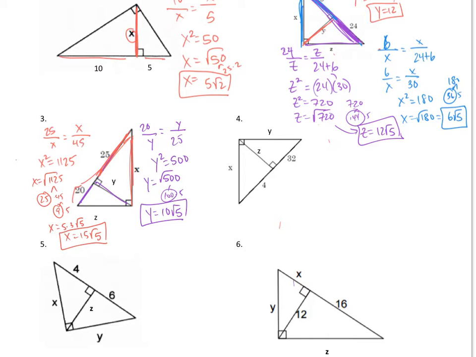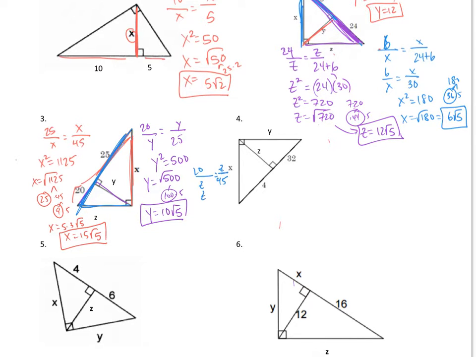Okay, let's do the z. So for the z, if z is my geometric mean, it's the geometric mean of the piece next to it, 20, and this whole hypotenuse piece, which is 45.